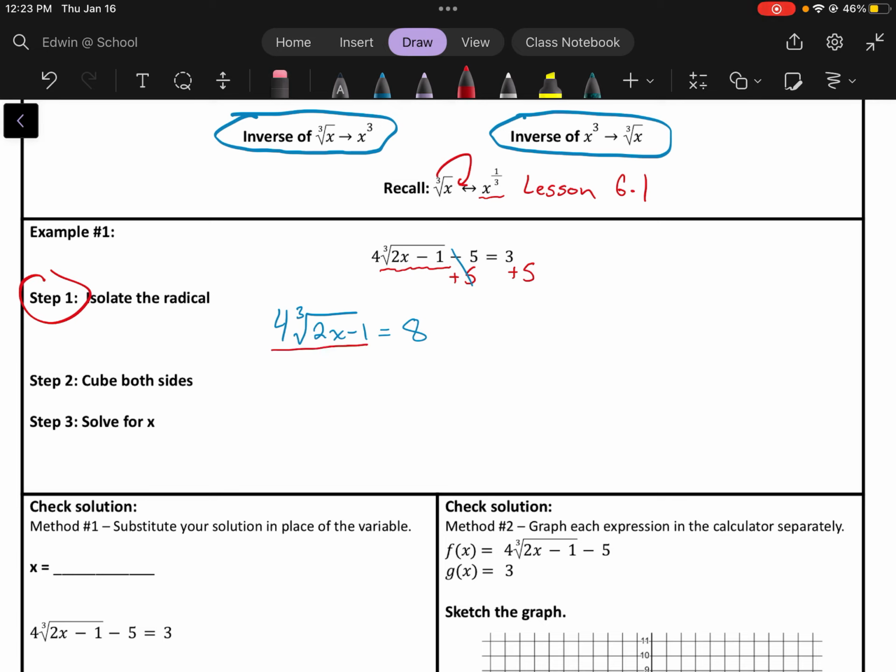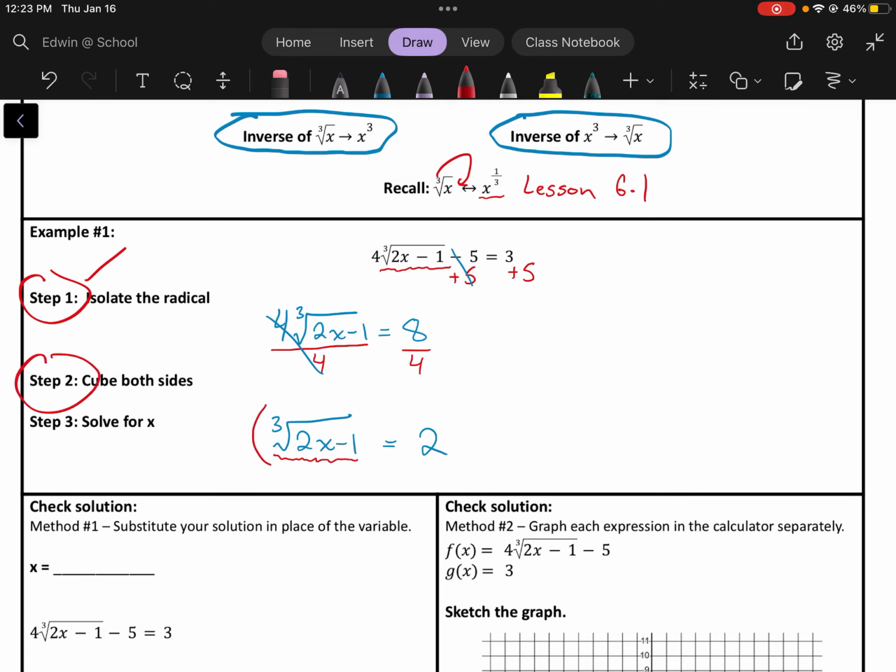Now I see that 4 times all that stuff. The opposite of 4 times that is to divide by 4, giving me cube root of 2x minus 1, since the 4 is canceled out, is equal to 2. From this point on, we have finished step 1. We have the radical isolated by itself.